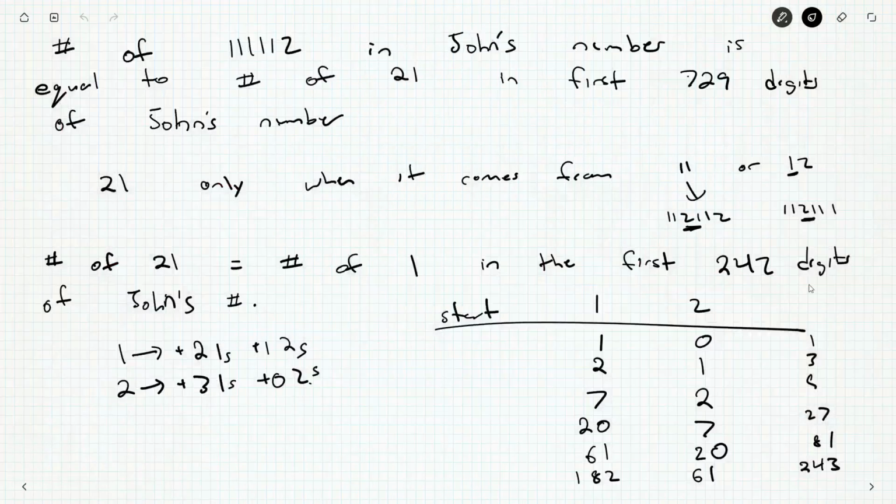So the number of ones in the first 242 digits is the number of ones in the first 243 digits, which will be 182. Each of those ones, because it's followed by something, produces a 2-1 in the first 729 digits, and each 2-1 produces 5 copies of 1 followed by a 2.